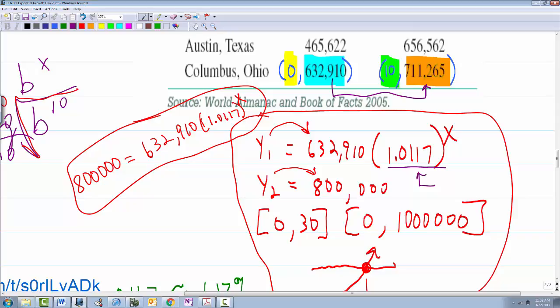So what does this really mean then? This means it's growing at what percent per year? It's growing at 1.17% per year.